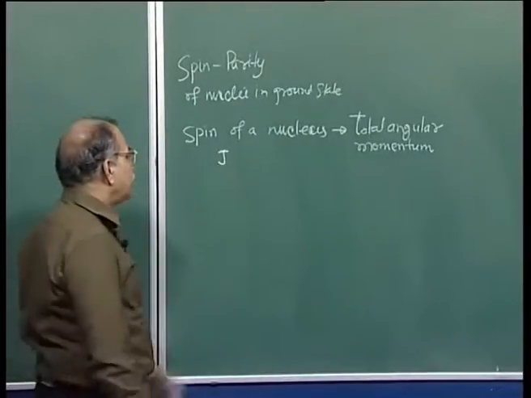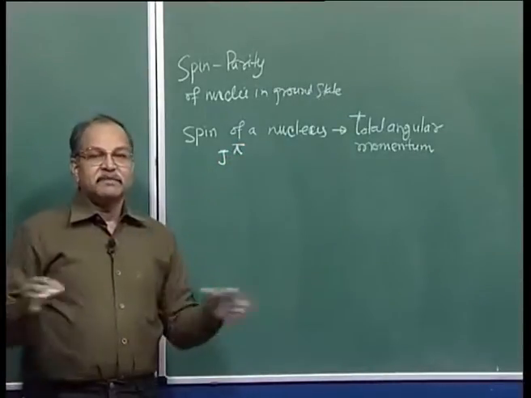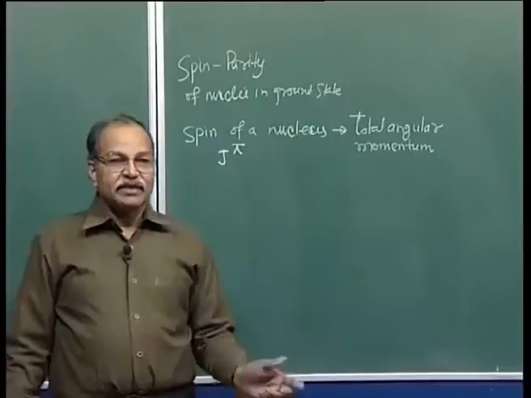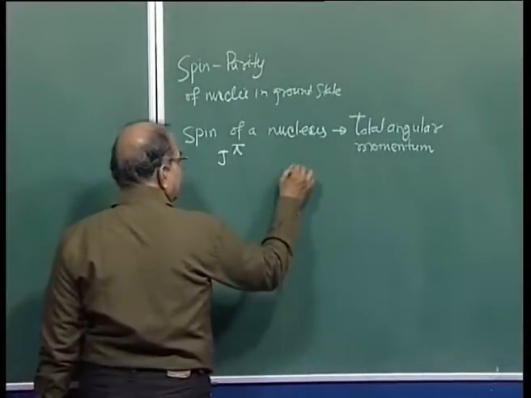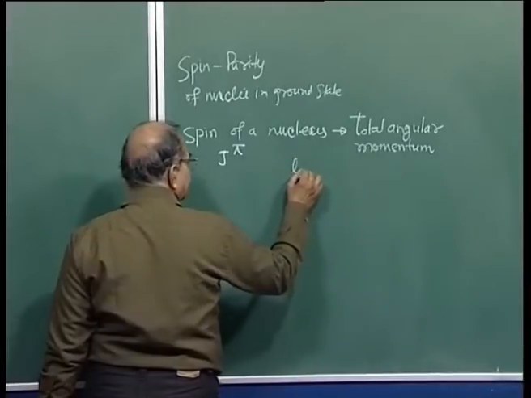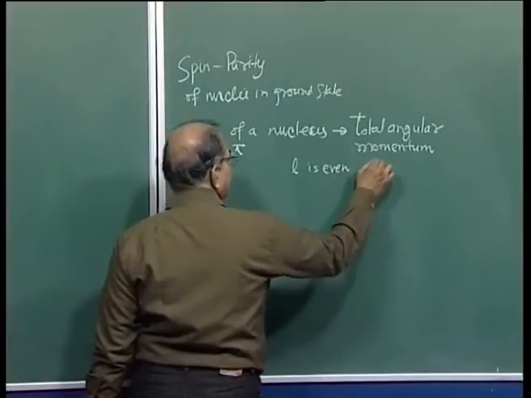And then parity, pi: whether the space part of the wave function is symmetric or antisymmetric, and this pi depends on L. If L is even, we say that parity is positive.